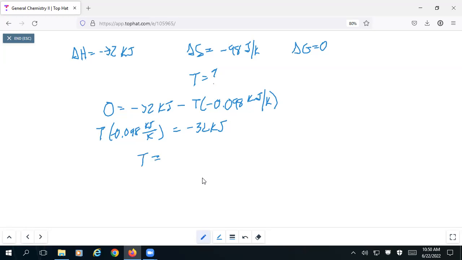And then T would be equal to negative 32 kilojoules over negative 0.098 kilojoules per Kelvin. Rounding to two significant figures, you get 330 Kelvin as the answer.